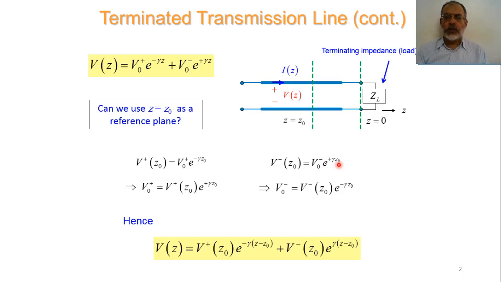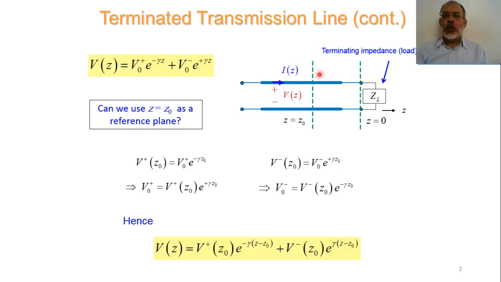So in terms of the voltage at z naught, the amplitude of the forward propagating wave V naught plus equals the forward voltage at z naught multiplied by e to the power plus gamma z naught, and the amplitude of the backward propagating function V naught minus equals the backward voltage at z naught multiplied by e to the power minus gamma z naught.